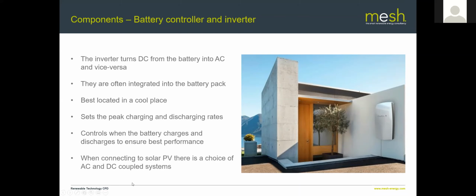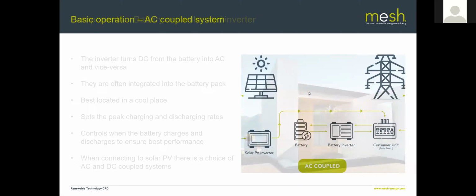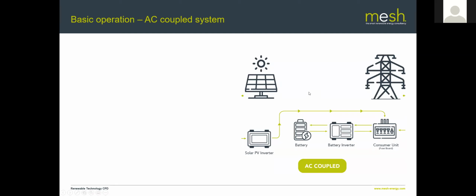And then finally, there's this bit about AC and DC coupled systems, which we cover on the next couple of slides. The first thing I'll say is that AC coupled systems are by far the most common that we see. Here we've got a typical AC coupled installation.